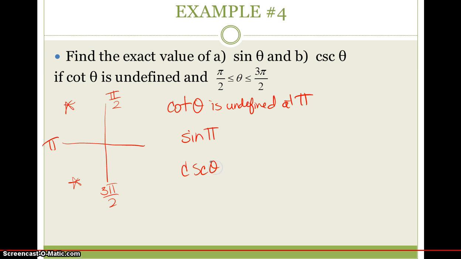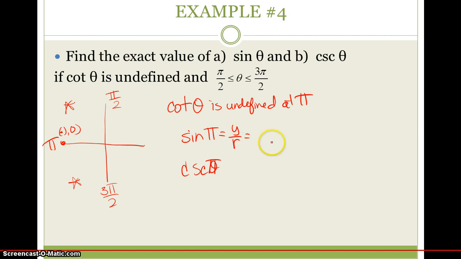Remember the sine of pi, sine is y over r. So we're going to be looking at the coordinates of pi, which are -1, 0 since we're going this way.